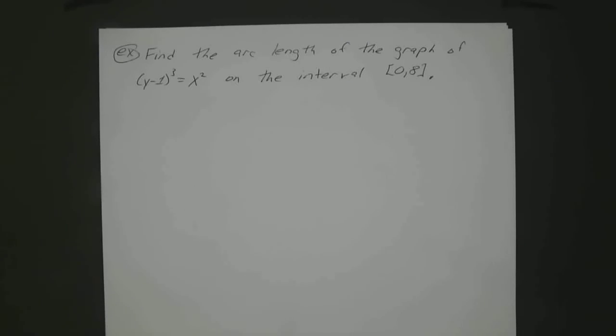Now with this one, you could solve for y and just use the same formula we used before, but I'm going to solve for x and use the y formula for this one. But there's more than one way to do it.